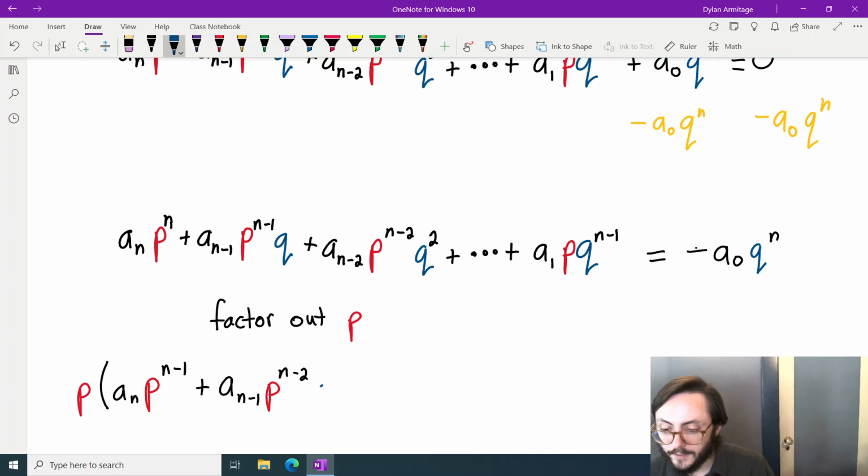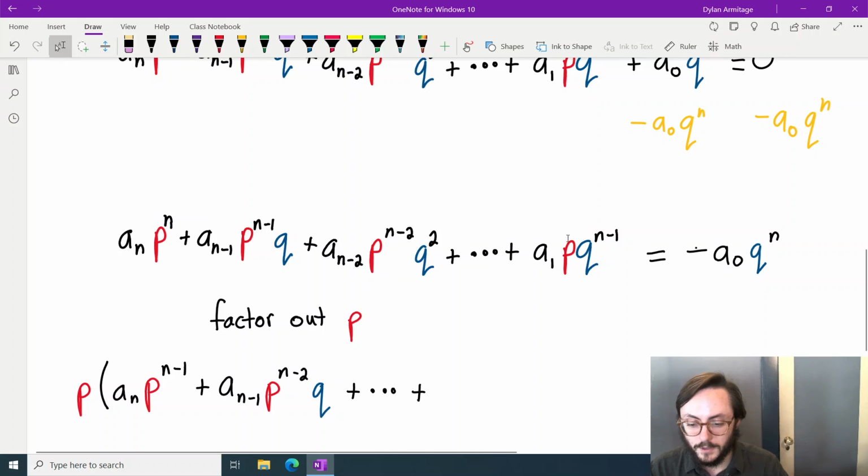And we still have this q here. So the exponents on the p's decrease by 1 each time, plus on and on until we get to our last term here.